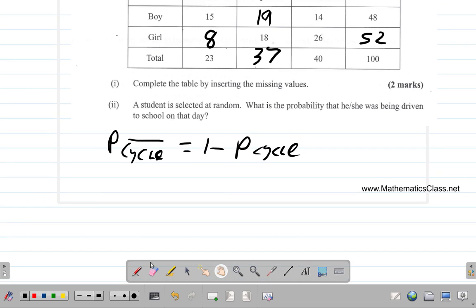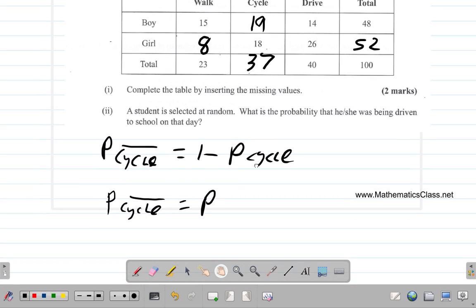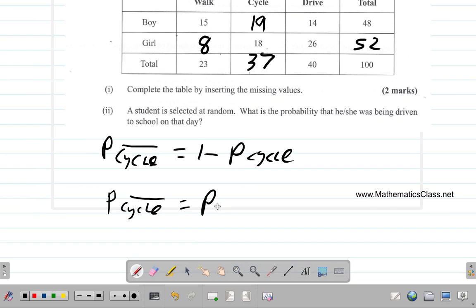You can also consider that the probability that the girl did not cycle is the same as the probability that she walks or drives. The probability of walk plus the probability that she drives. Let me look at both of them and see.